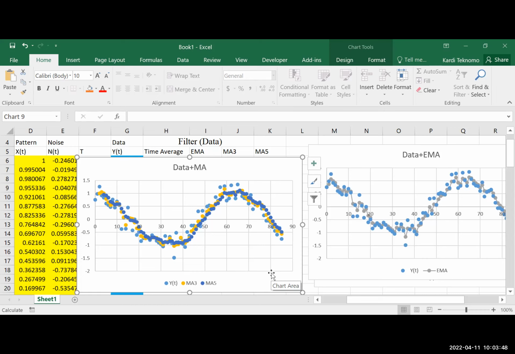Again, the larger your moving average, the larger the delay. And you will get a similar pattern to your data.